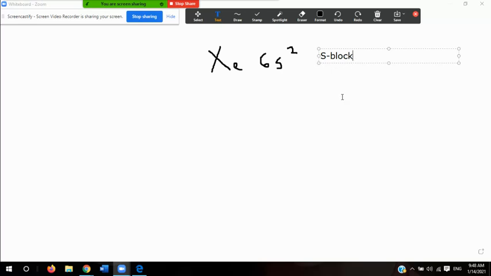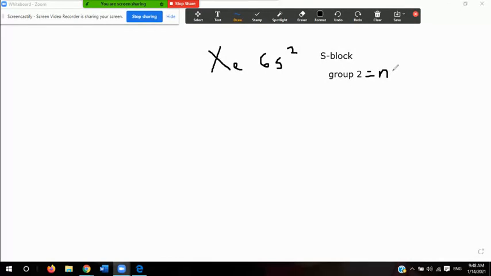Secondly, I know that the group is 2, because the electron configuration for group 2 elements is ns2.